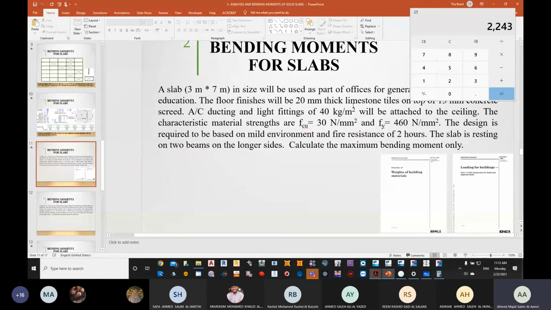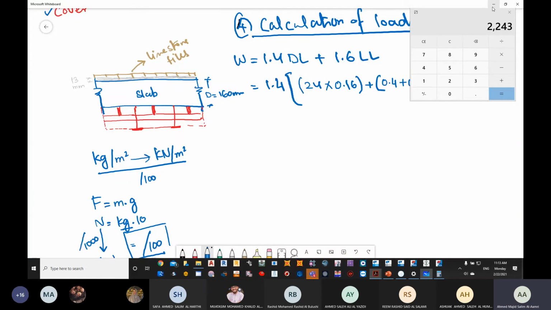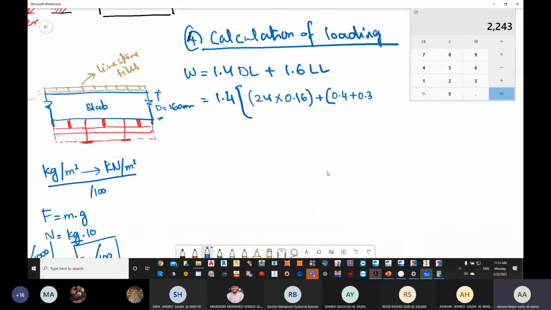You can see that it is 20 mm thick limestone tiles. It is very important to multiply by the thickness because tiles come in different thicknesses, and according to the thickness, you will have the weight of the tile. So we are multiplying this by 0.02, which is 20 mm.